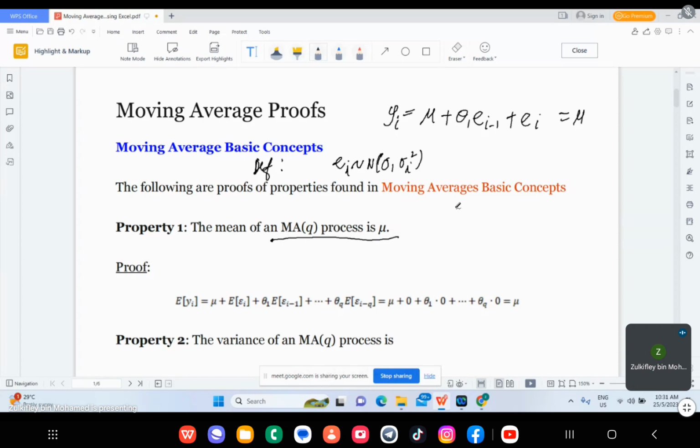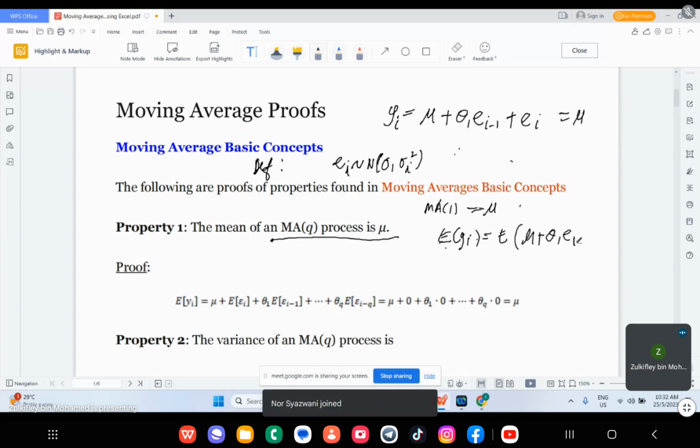I want to prove mean MA1 is also equal to mu. So mean MA1 is the expected value of YI, the expected value of the whole thing here: mu plus theta 1 epsilon I minus 1 plus epsilon I.